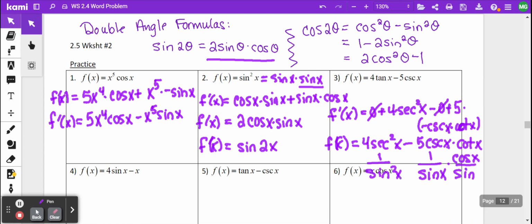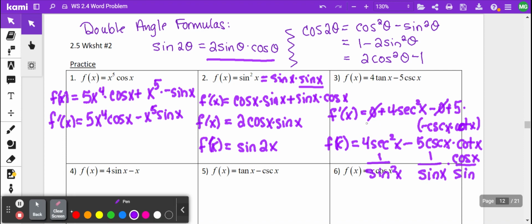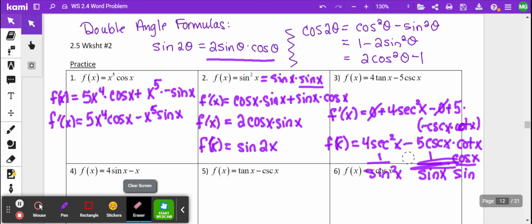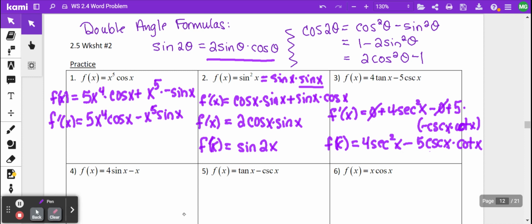I actually think it's okay if we just leave it the way it is. I don't really think cleaning this up is going to do too much. So let's just, where's my eraser? Sorry, I'm a little out of practice here. It doesn't really clean it up that much, so I think it's okay to just leave it as it is.